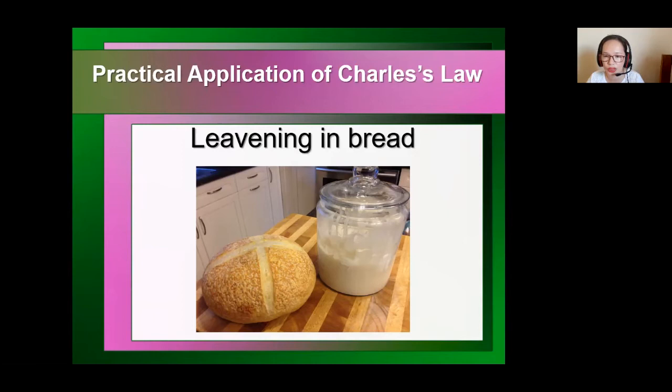For those who have experience baking, you will notice that the bread expands when placed into the oven or microwave oven. As the temperature increases, the gas released by the yeast inside is heated and then it expands, making the volume of the bread bigger. So it's fluffy. That's the application of Charles' law.